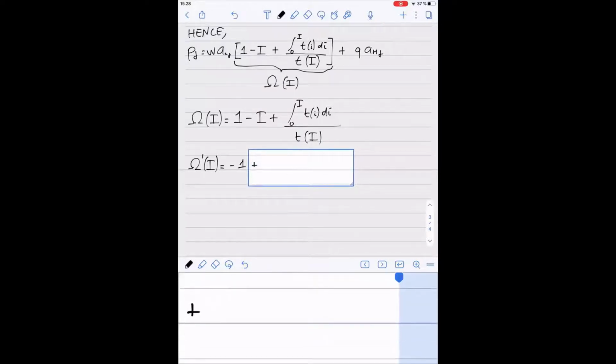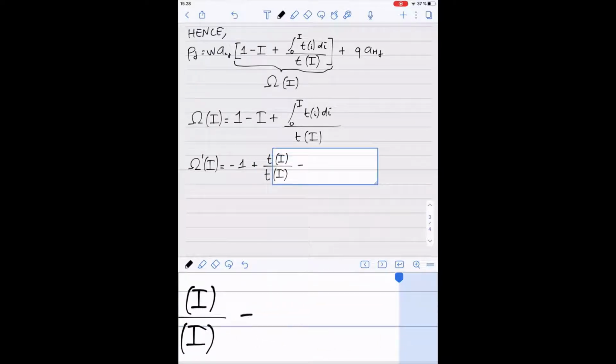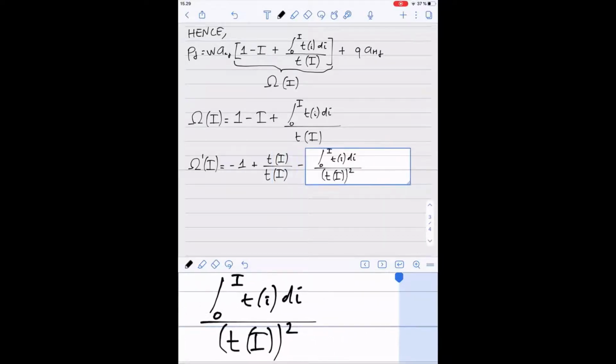So we have T of capital I divided by T of capital I minus derivative of the denominator there. We go integral from 0 to capital I of t i di, divided by T of capital I squared times T prime of capital I.